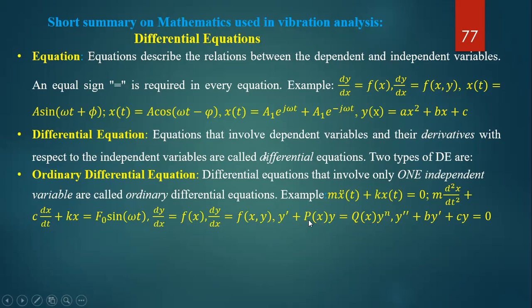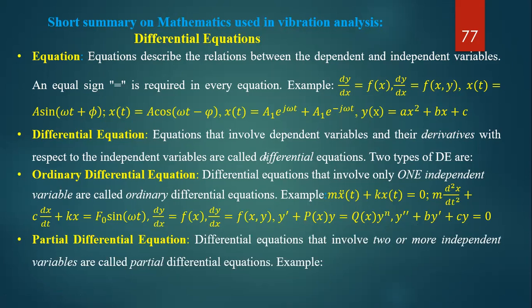There are various ways of representing an equation. This is one way, this is another way, and someone can represent it in this manner. So this is the ordinary differential equation representation. Partial differential equations are equations that involve two or more independent variables within the system of equations.